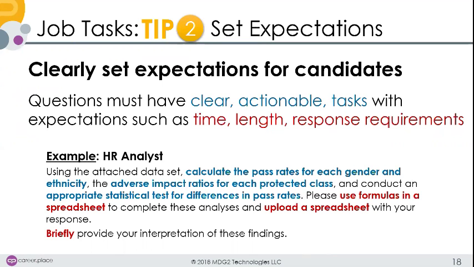Letting candidates know about the expectations of what you're asking for and a realistic time estimate for completion allows them to budget their time when applying and helps ensure you get a steady flow of quality, serious candidates. Going back to our question, we've helped set up the expectations by asking them to use formulas and upload a spreadsheet and briefly provide the interpretation of their findings.